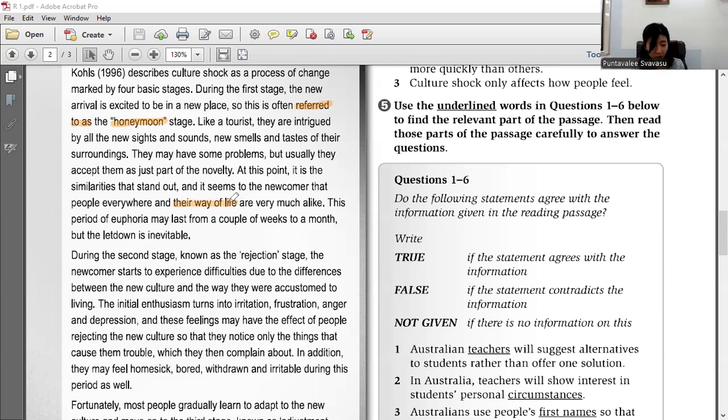Their way of life means วิถีชีวิต, how they live their life, what they do. So that's culture. For example, we're Thai, if we meet older people, we say สวัสดี, but foreigners, Westerners, they don't do it, they shake hands. This is the way we live, the way of our life.